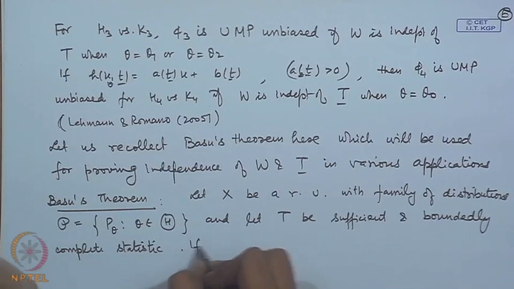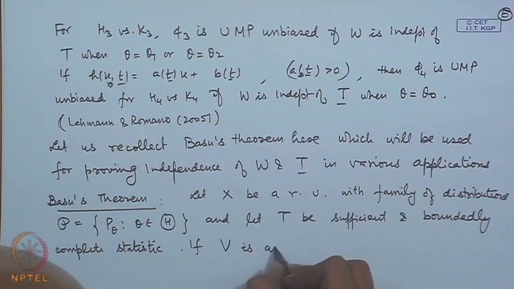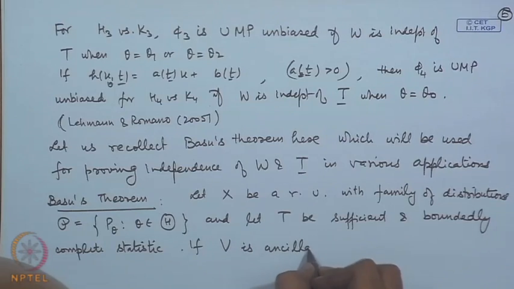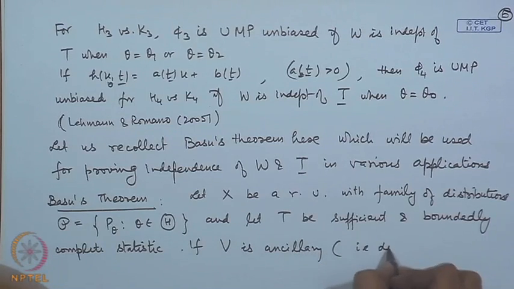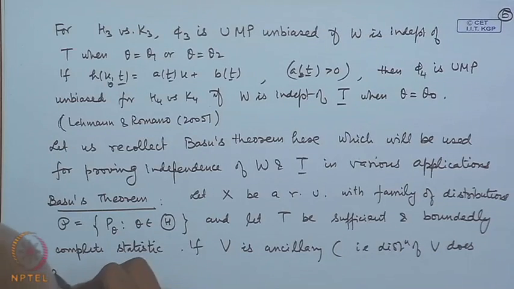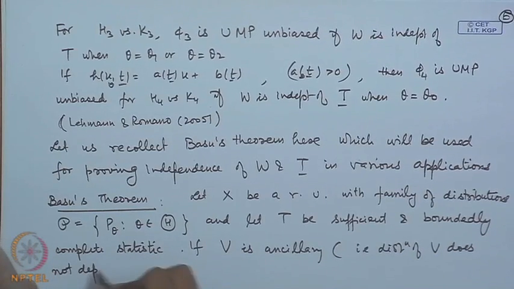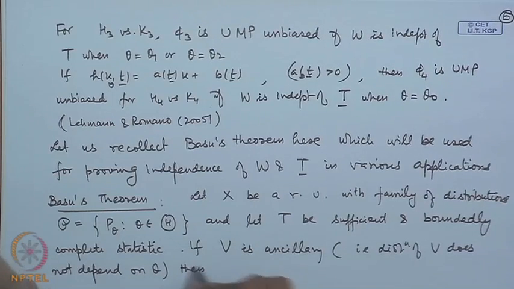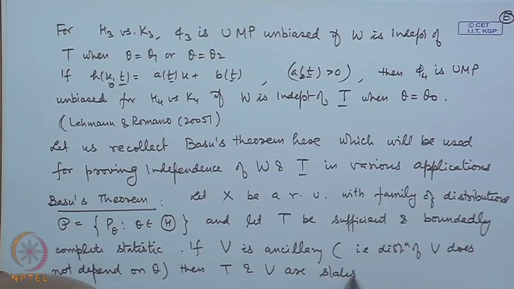If V is ancillary, that is, the distribution of V does not depend on theta, then T and V have independent distributions.